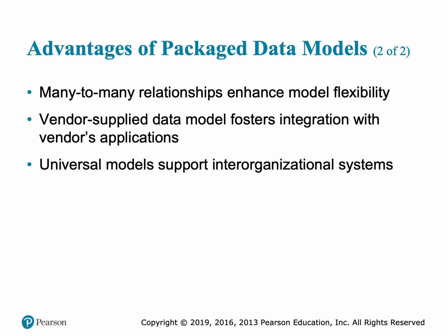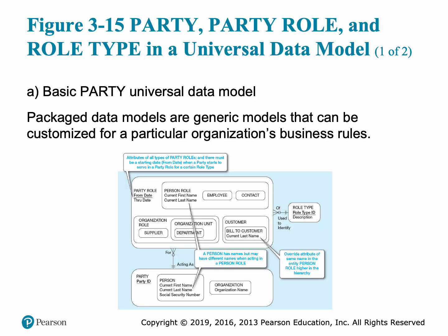Universal models support inter-organizational systems, and this will allow you to understand this in more depth when you are going to actually create databases in upcoming lectures. Figure 3.15 is a party, party role, and role type in a universal data model. You can imagine the entity cluster diagram to be a bird's-eye view model.